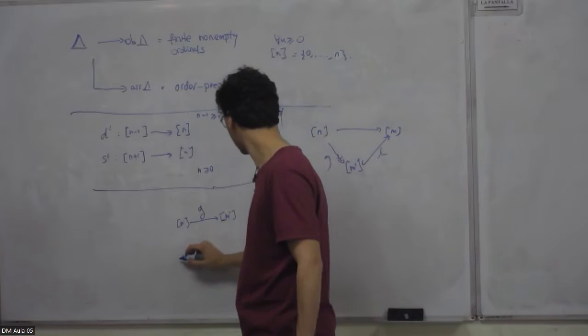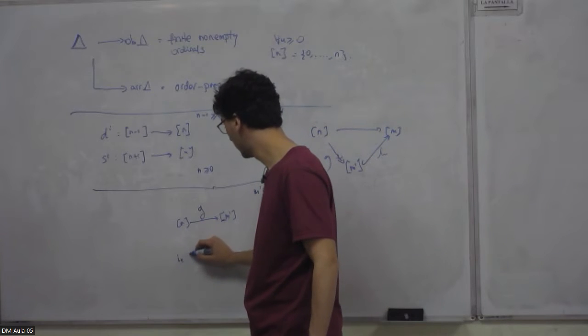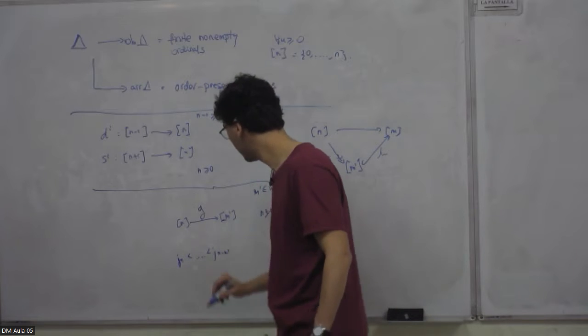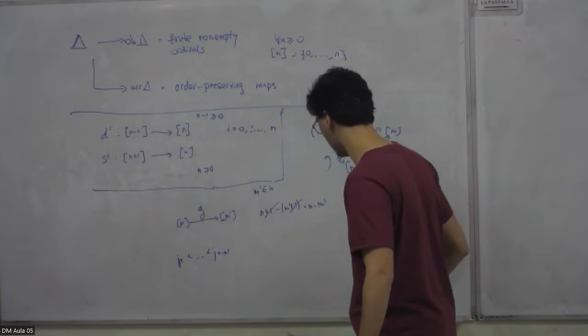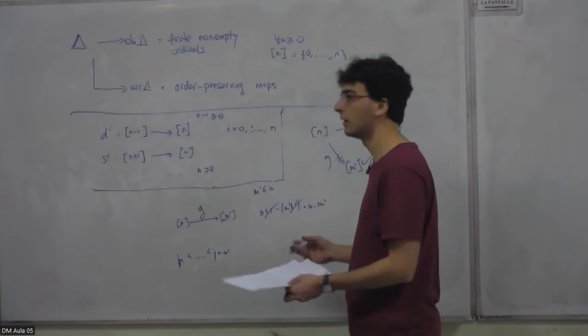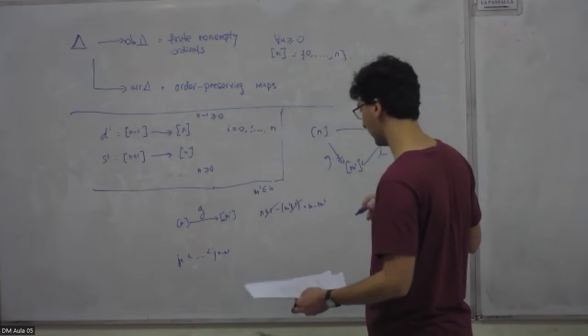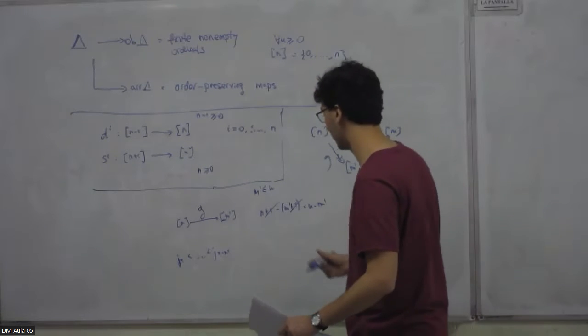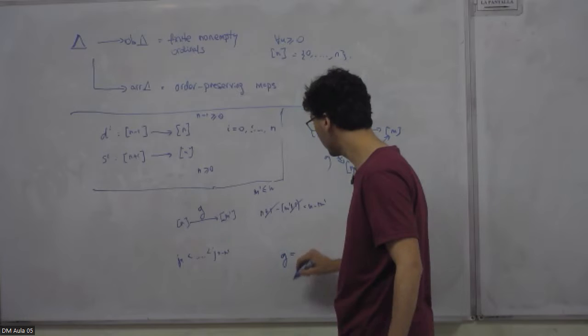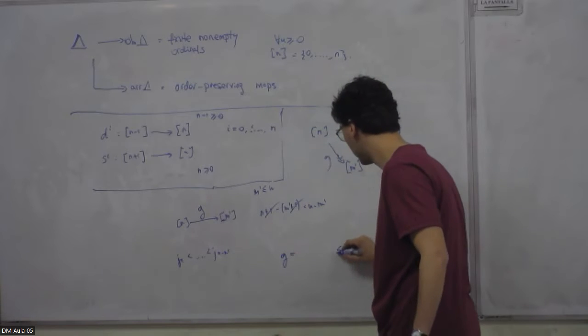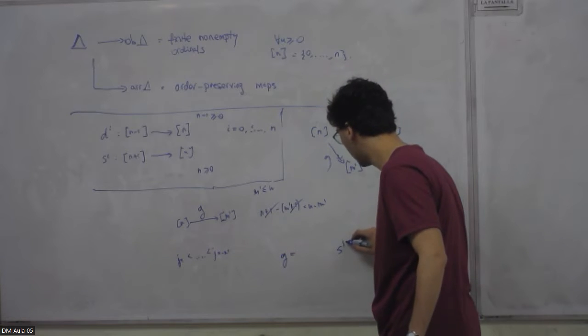Let's call them J1 to J n minus m prime. If you think about it at home, I won't do this here, but it's better to convince yourself by drawing some examples like I did earlier. Basically, I assert that g will be this composition of degeneracies.